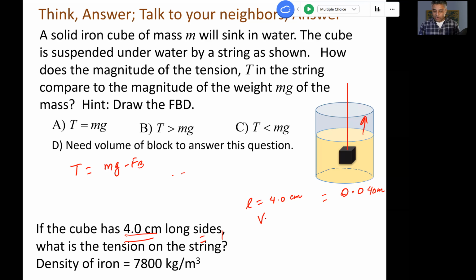So that means the volume of the object or cube is L cubed. And since this cube is all the way inside, the volume of fluid displaced is also going to be equal to L cubed. You see that?